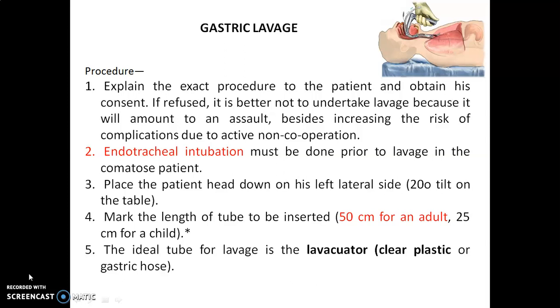If the cooperation of the patient is not there, it increases the risk of complications due to active non-cooperation. The second aspect to be considered in the procedure is endotracheal intubation.